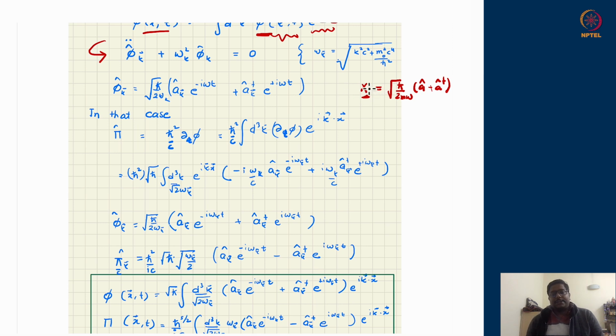This was in Schrodinger picture where operators do not change in time but states change in time. The Heisenberg picture version was roughly similar, root under h upon 2m omega, a very similar form. Only thing is that this will have e to the power minus i omega t, and plus a dagger e to the power plus i omega t.